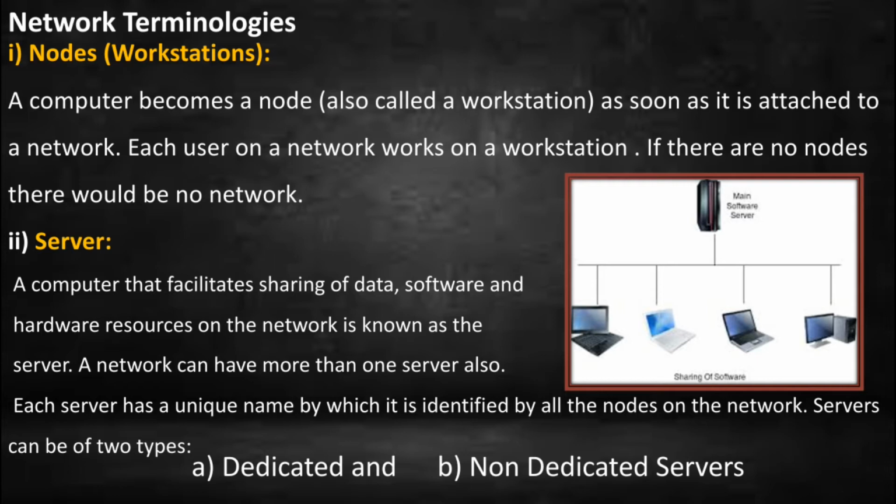There are different types of server, students. Maybe file server, database server, mail server. Each server has a unique name by which it is identified by all nodes on the network. So how can all clients identify the server?